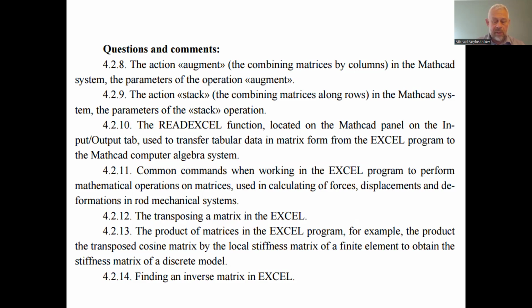So these two programs are widely used for the solution of linear equations of the mechanics of elastic mechanical systems by the methods of forces, displacements and finite elements. Thank you.